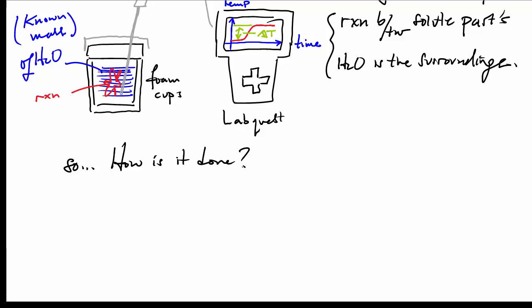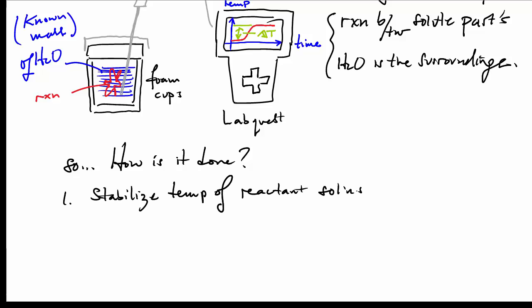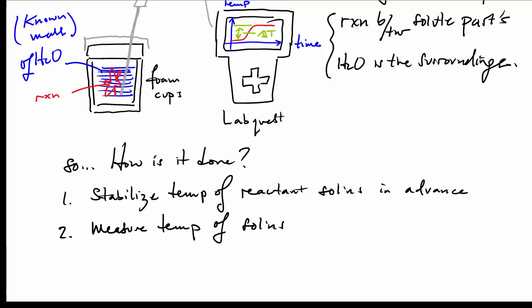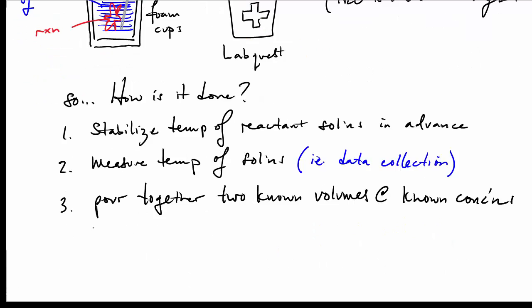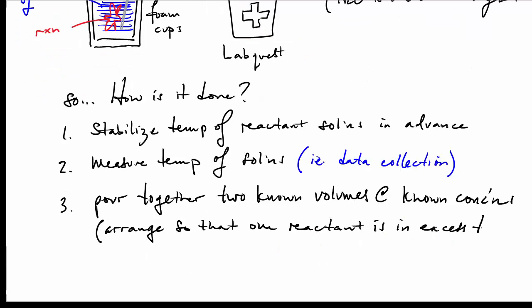So, how's it actually done? What's the technique? First, stabilize the temperature of the reactant solutions. If you can get them to room temperature, that's best. Second, measure the temperature of the solutions. In other words, start data collection before you mix them together. Then pour together the two known volumes at known concentrations, and we have to arrange this so that one reactant will be used completely.